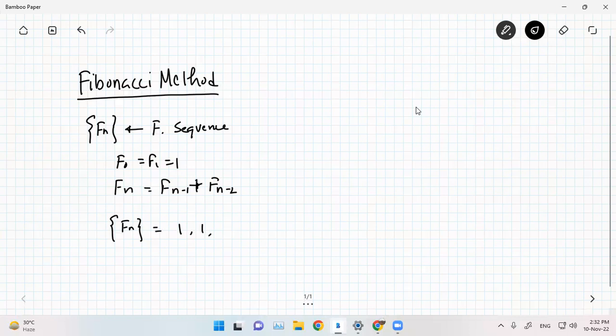Then the third one will be the summation of those two, that will be 1 plus 1, 2. The next one, summation of the previous two, so 1 plus 2 is 3.